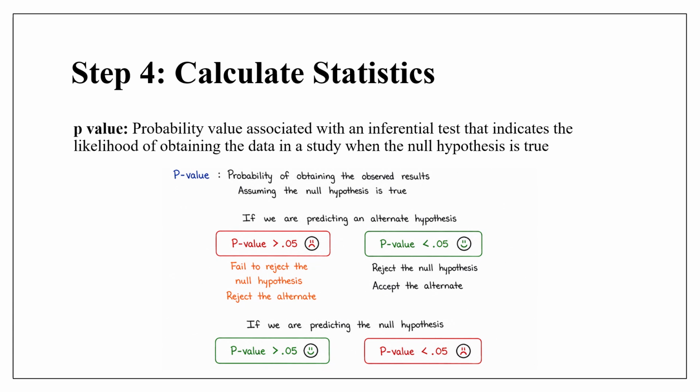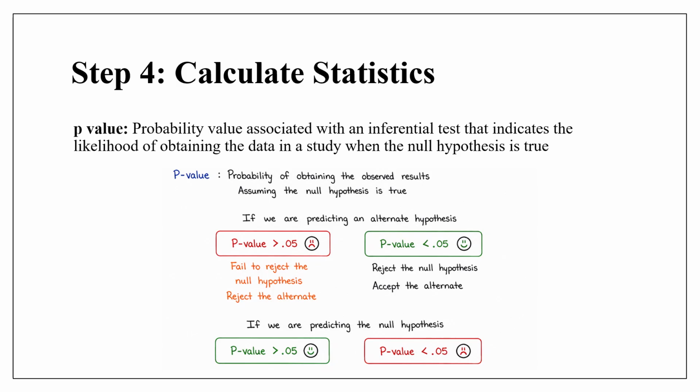If you are predicting the alternate hypothesis, which says that you will have an effect, there is a relationship or there is a difference between groups, and you get a p-value that is greater than 0.05, you're going to fail to reject the null hypothesis.